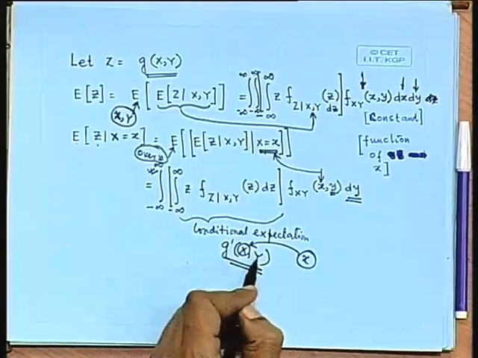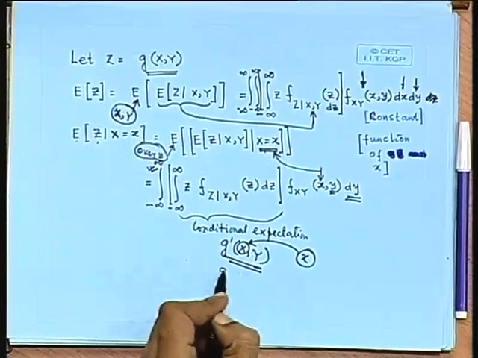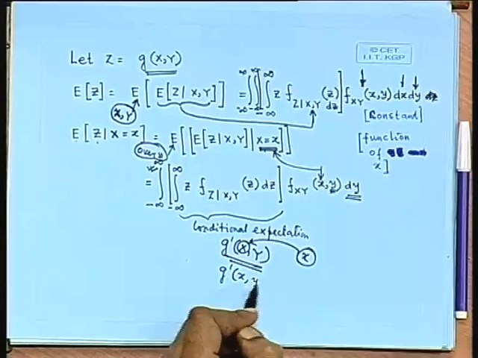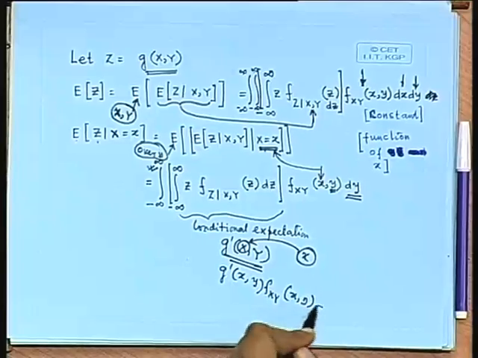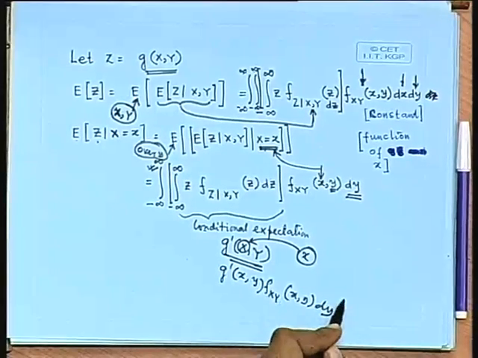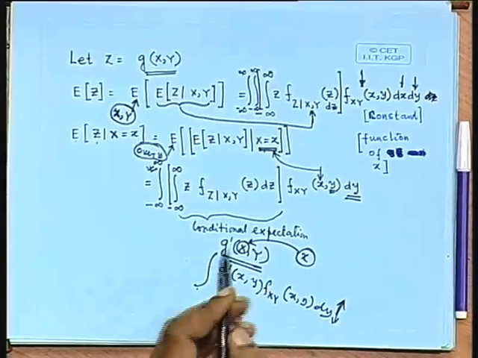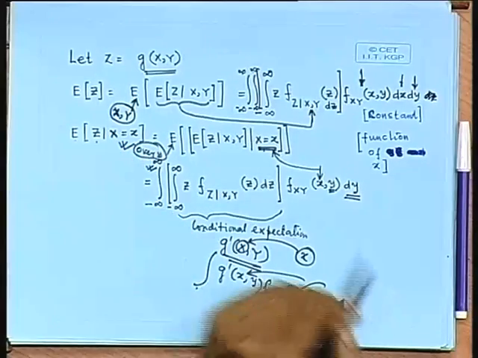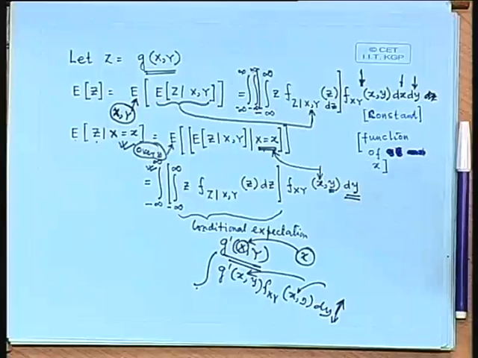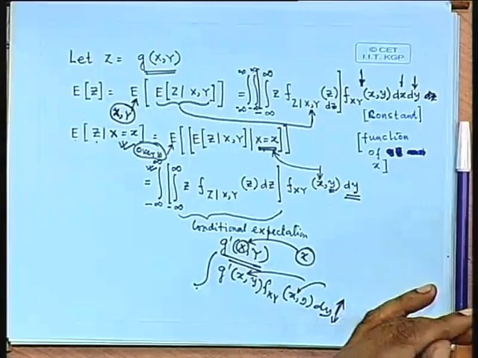Now it becomes a function of small y. So now you have to do g dashed of (x,y), f(x,y), and then dy. You have to vary y over the integral, and keep x held at small x because you are given this, and you have to evaluate this integral. In this way you have to evaluate conditional means conditioned over various kinds of facts which may be stated in terms of x and y.